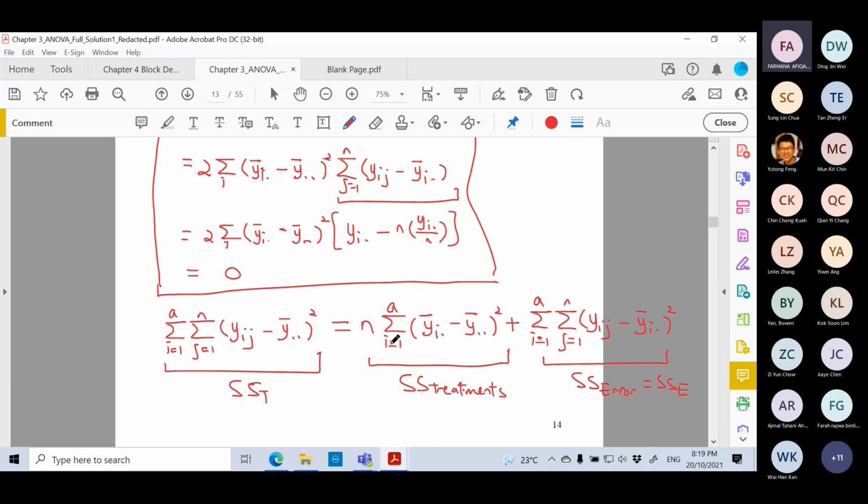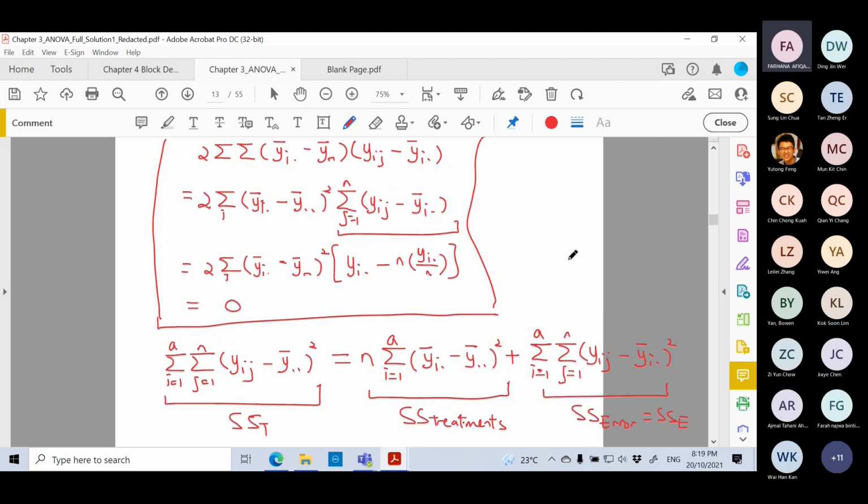Okay, so how do you recognize that this one is the sum of squares for treatment and this one is the sum of squares for error? If you observe the formula here, this one is the mean for each level minus the overall mean, and this one is an observation minus the mean of each level.